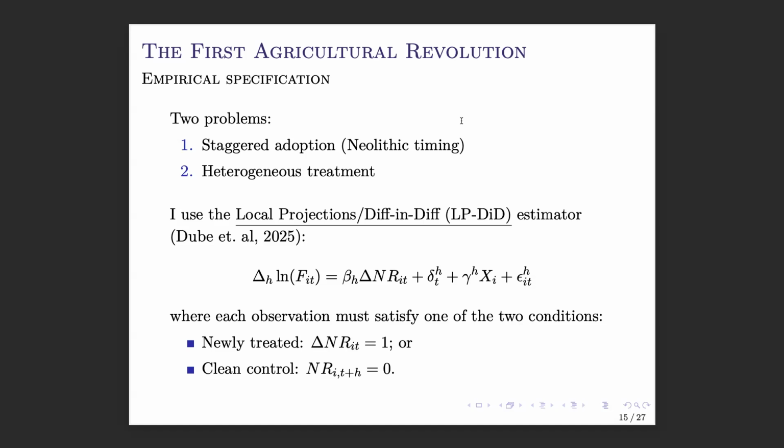So I'm basically using as the dependent variable here the growth rate in forest cover at different horizons indexed by H. I'm going to look at a short horizon, a longer horizon, and an even longer horizon, and so on and so forth, and predicting this as a function of the Neolithic transition, that's delta NR, time fixed effects, which are necessary because these transitions are happening at different times, and a set of other covariates, which I can talk about more if people are interested.